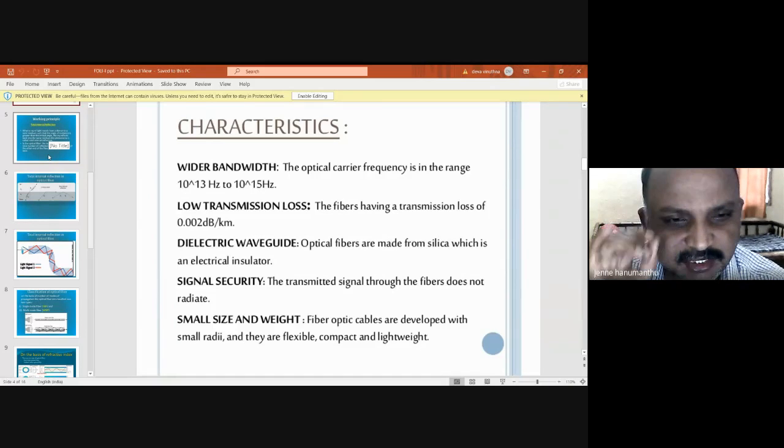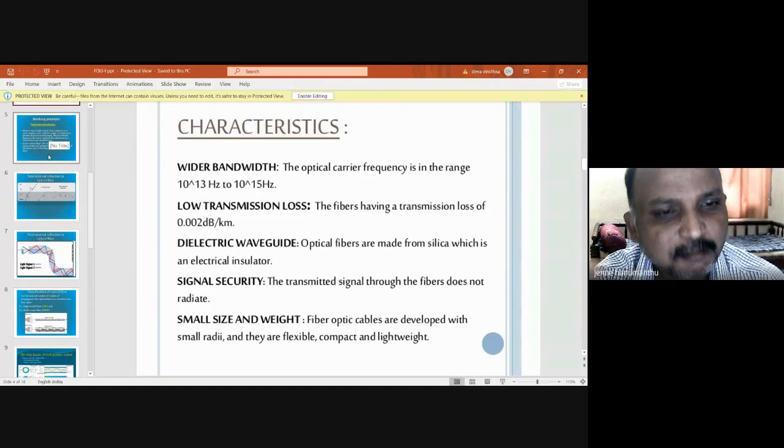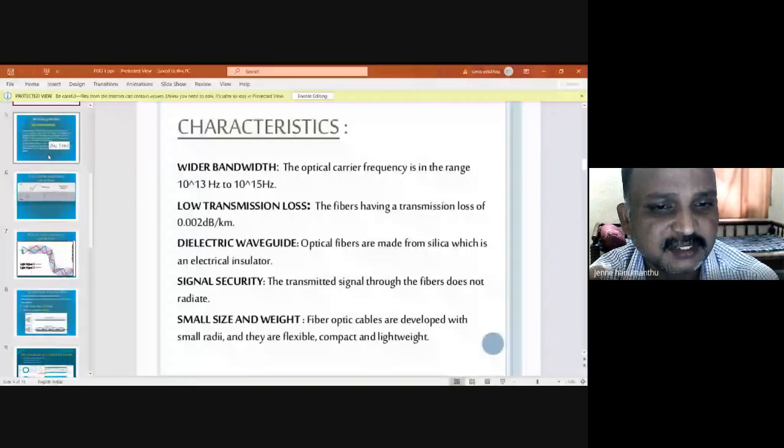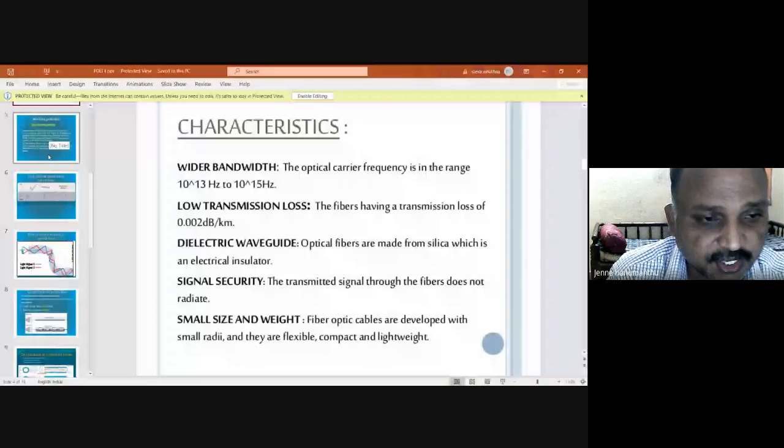It is not permissible, but there will be some chance. It is very negligible, so it is called signal security.